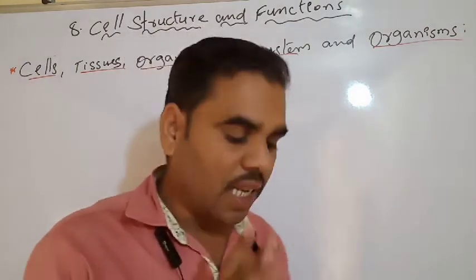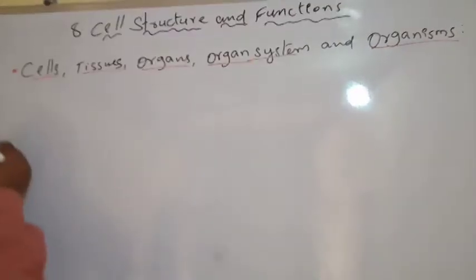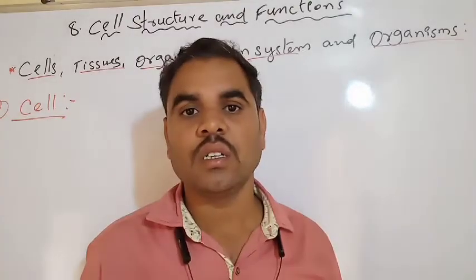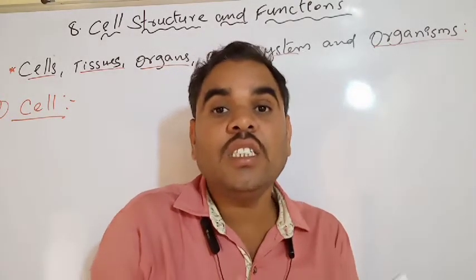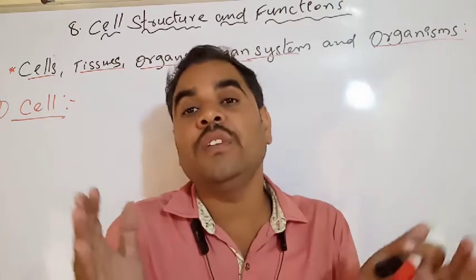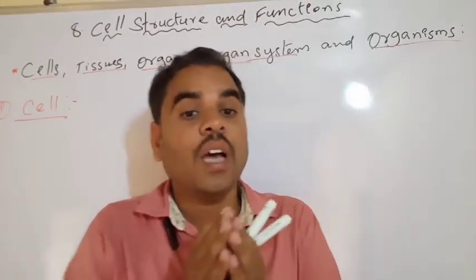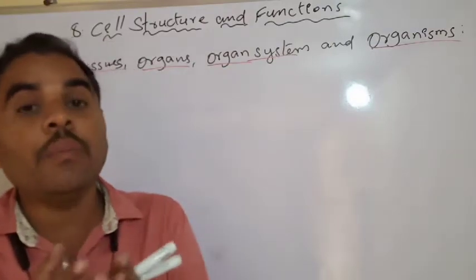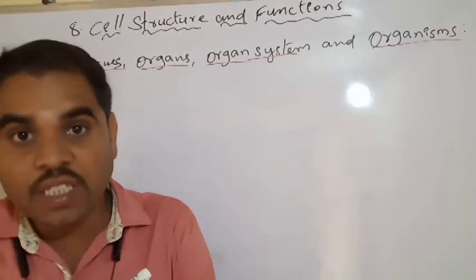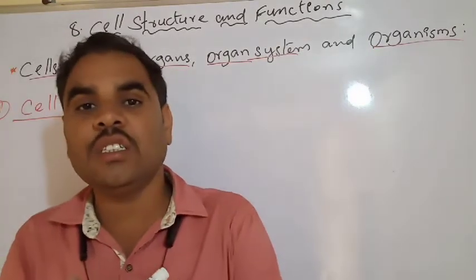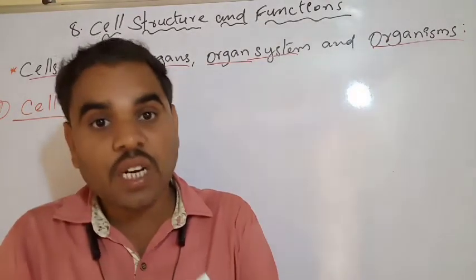What is a cell? A cell is the fundamental unit of life. Cells are self-existing, and they divide, with multiple divisions. When a baby is born, a small kid's weight is 2.5 to 3 kg.